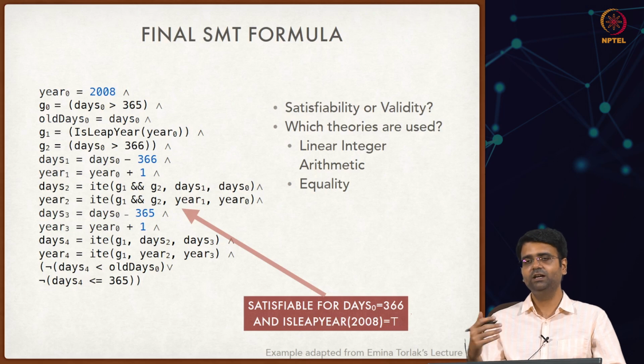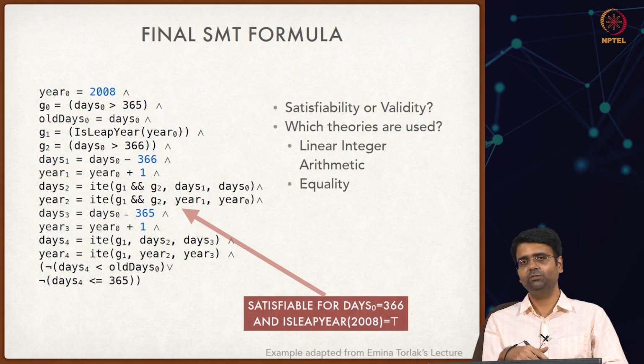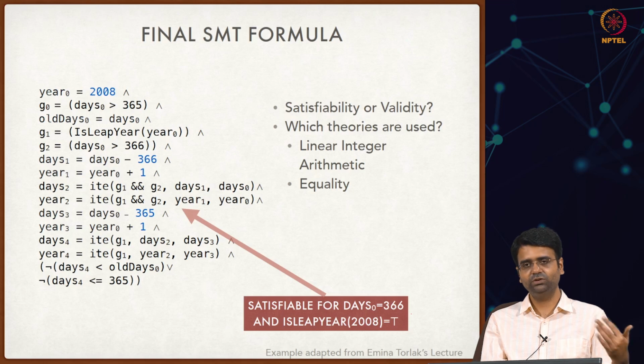And this is what we had also informally deduced. So by just looking at the program, we had made this informal reasoning that if you execute this program with the input days equal to 366, and is leap year 2008 equal to true, then this particular program is actually going to run indefinitely. So it is not going to terminate.